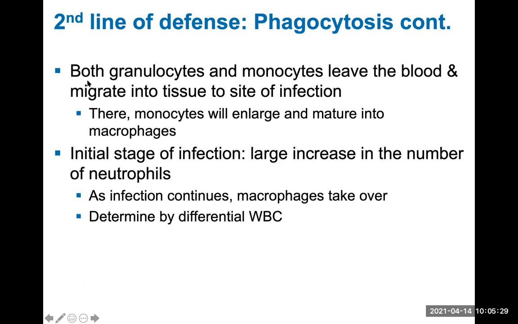In the initial stage of infection, you'll see a very large increase in the number of neutrophils, which will take care of most of the infection, but eventually macrophages will take over this job. And so then the number of neutrophils will decrease back to near normal, and the amount of macrophages will be very high. Okay, and you would be able to detect that in the differential white blood cell count.